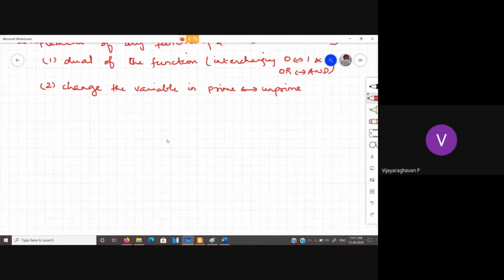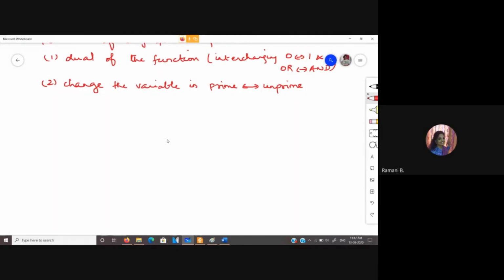Yes, ma'am. Okay. Now here we use one more word called literal. The variables are x, y and z in the function. Literals means you say whether the particular variable is in primed or unprimed form.